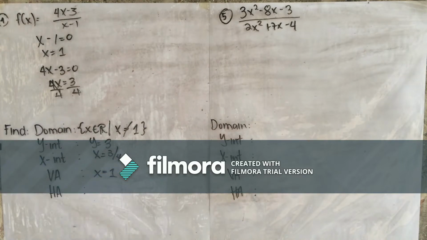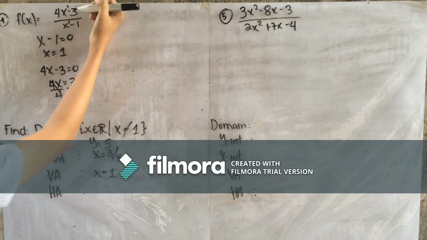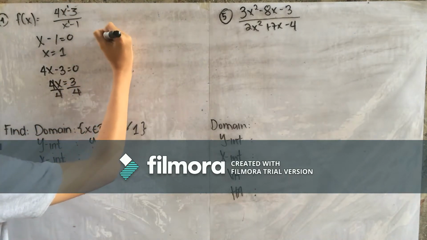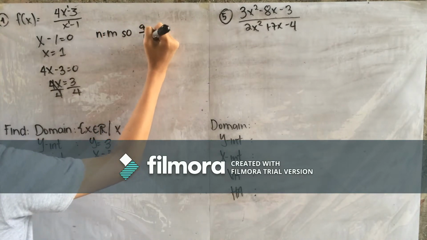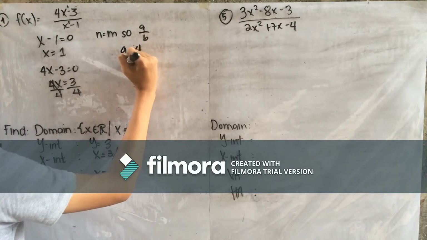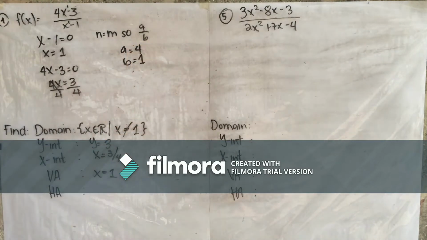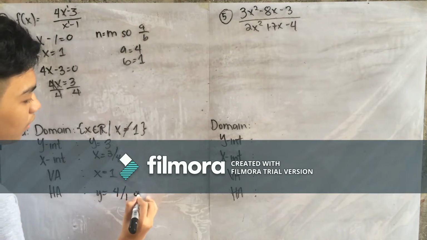Then, horizontal asymptote, both have exponent 1. So, n is equal to m, so a over b. So, a is 4 and b is 1. So, horizontal asymptote is 4 over 1 or 4.